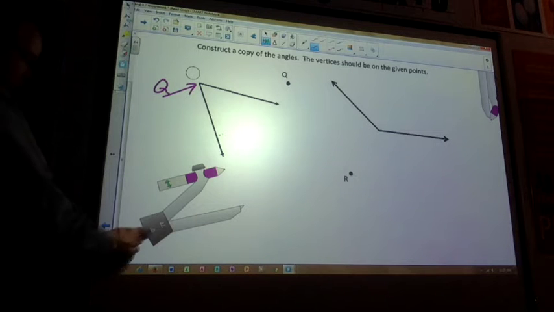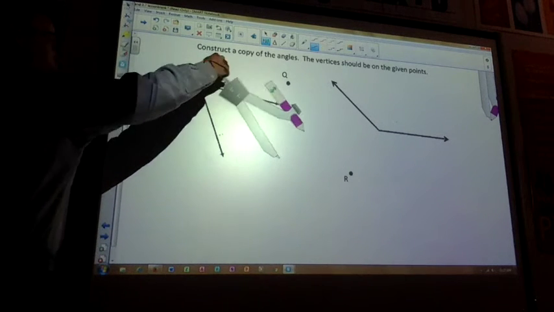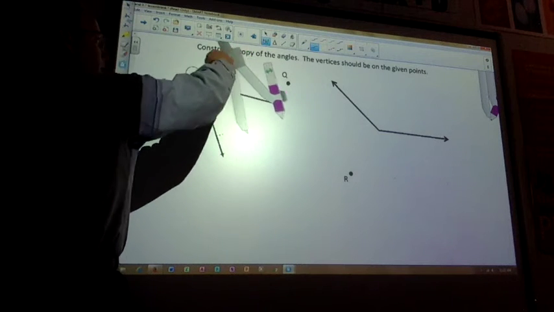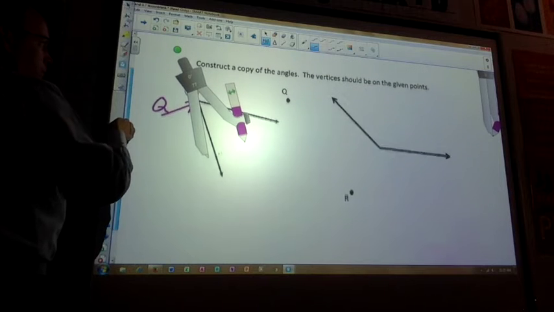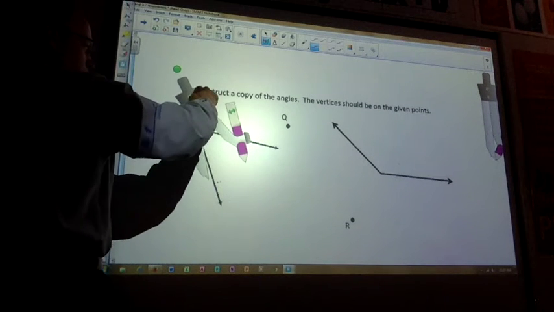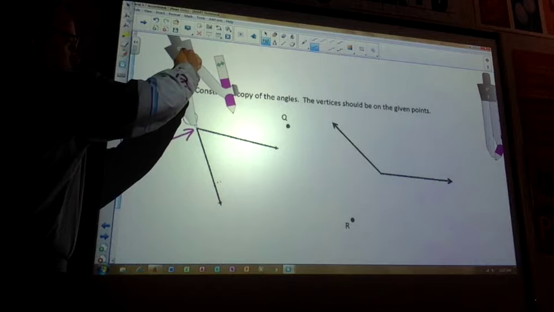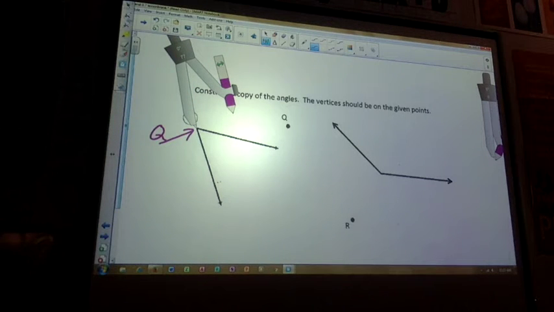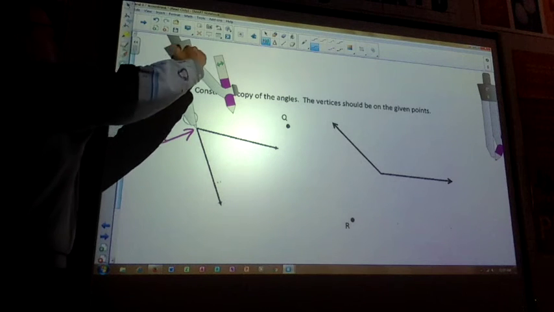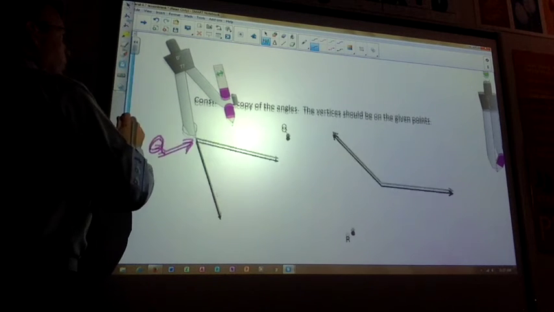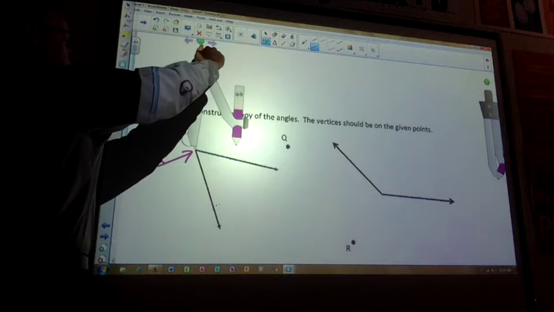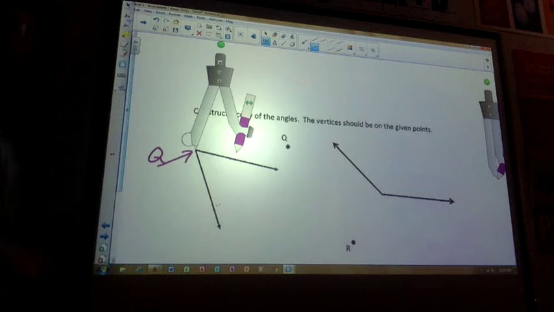Take the compass. I'm going to get it to an appropriate position. I'm going to put the point on the corner. Still with me? I'm then going to just hover that above.